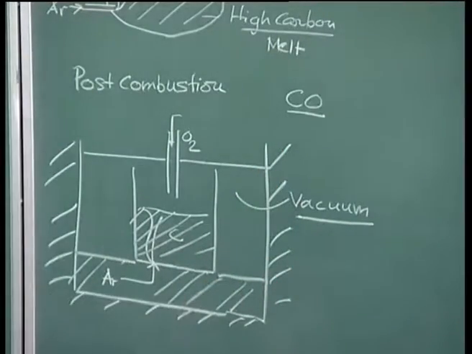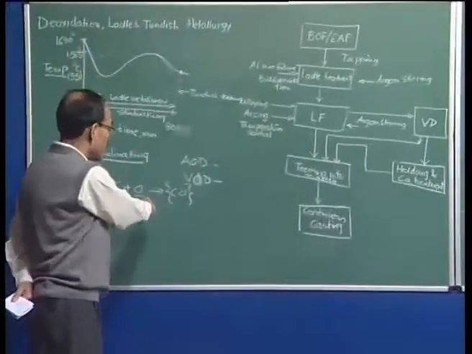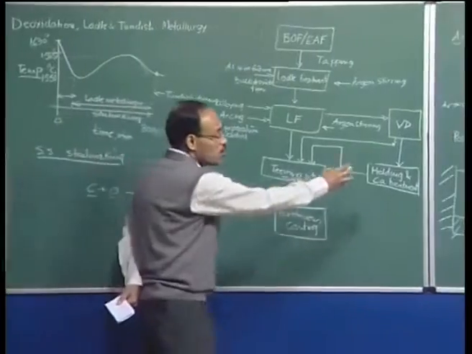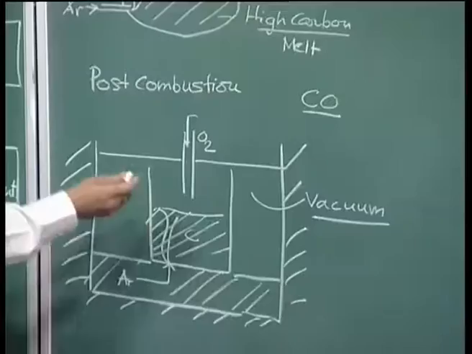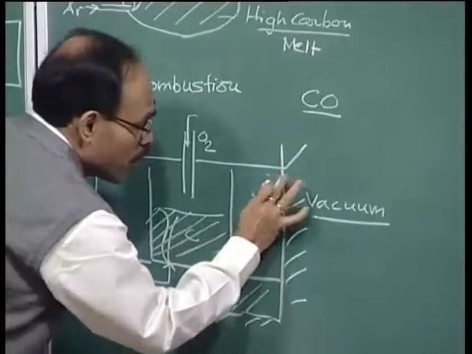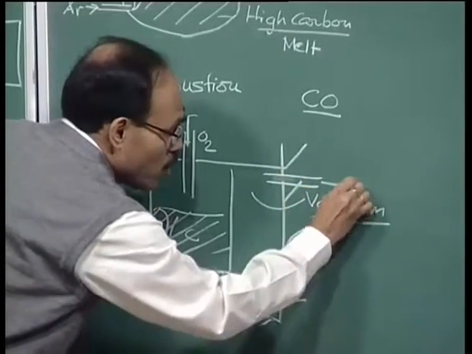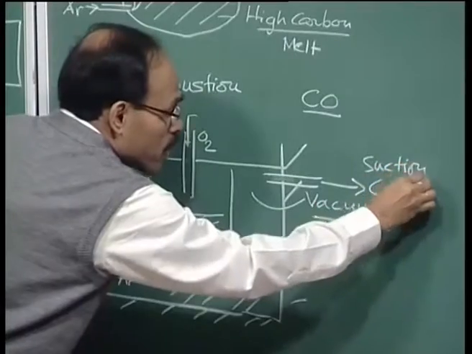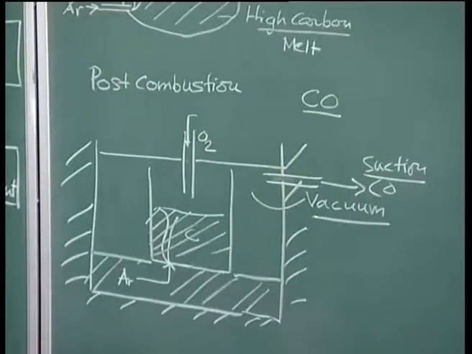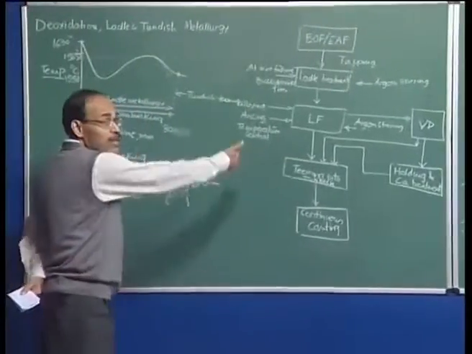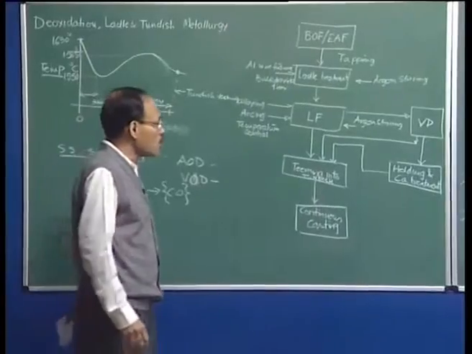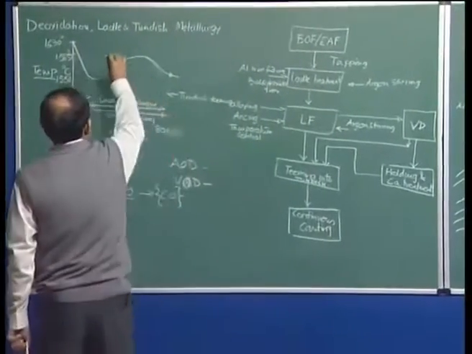So, therefore, this equation which I have written here, under reduced carbon monoxide partial pressure, or reduced pressure within the system, because whatever carbon monoxide is forming, maybe we can draw a line here, suction is going to be applied through this and all the carbon monoxide is going to be taken out. As a result, this is maintained at a very low pressure, and under low pressure this reaction will be driven in the forward direction. So, this much for ladle metallurgy.